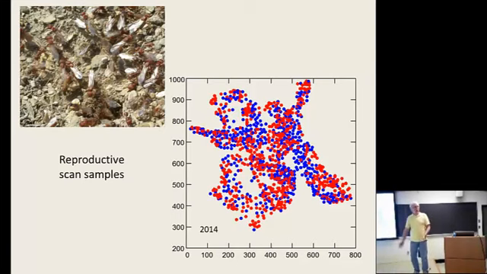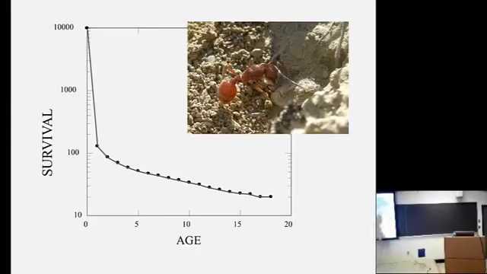Okay. Let's take a look at how that survival and reproduction plays out. This is a survival curve for colonies, but really it's the survival curve of a queen, because there's a single queen in the colony and her life coincides basically with the life of the colony.